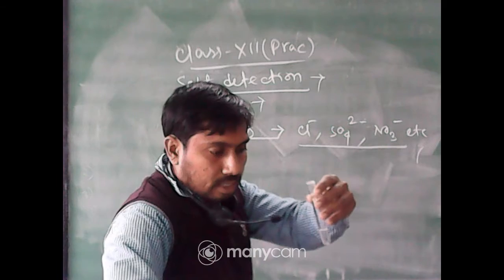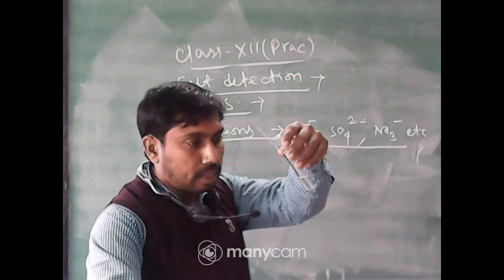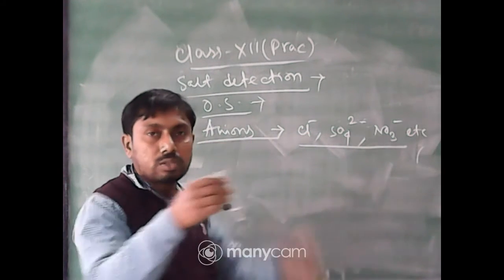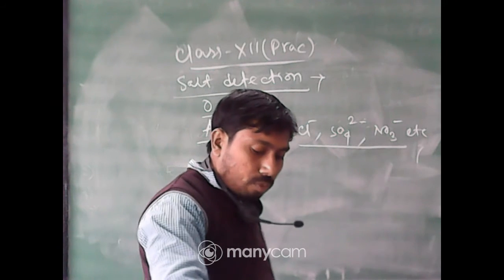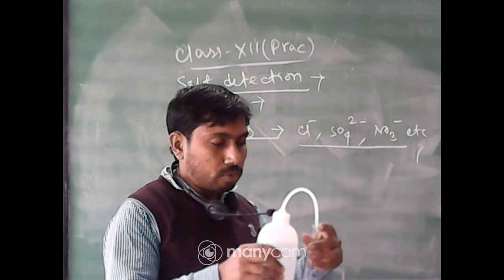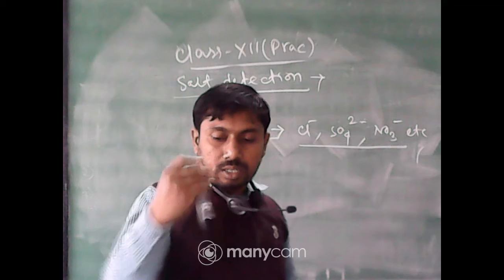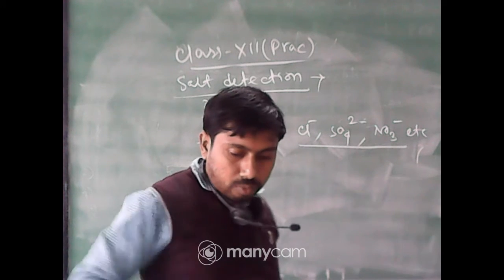Silver nitrate added, but the solution remains transparent. So no conclusions will be drawn here. We have to reject the solution and move to the next experiment. Before that, we have to wash the test tube thoroughly so that the remaining reagents are removed.